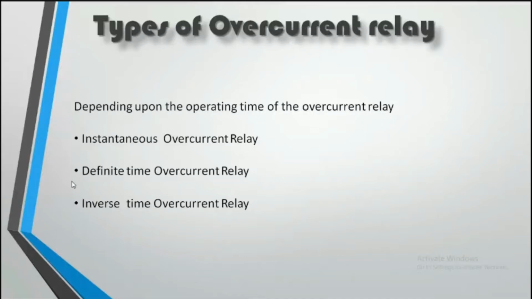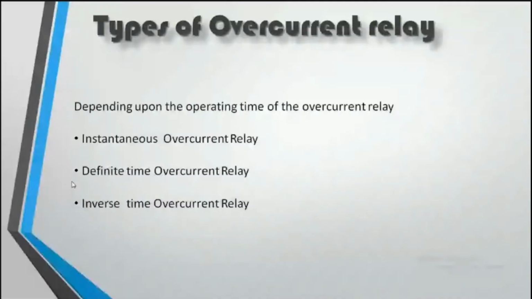Right? Second one is the definite time overcurrent relay. This is also what we have done in the last class. The operation time can be defined or set once the pickup value gets crossed.